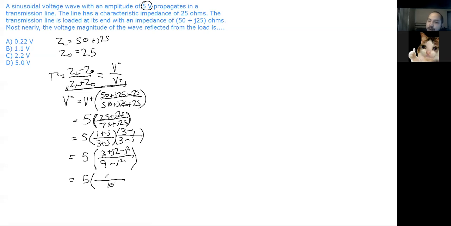Yeah, I think it's going to be 2.2 given these complex magnitudes. 4 plus j2 is going to equal 2 plus j, and then you find the magnitude of that simply. Yep, 2.2.